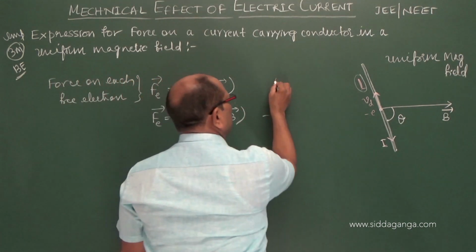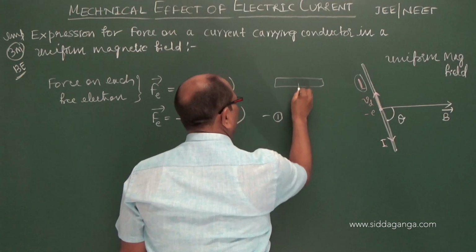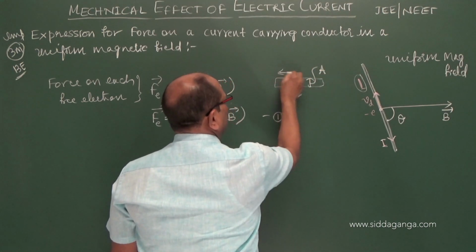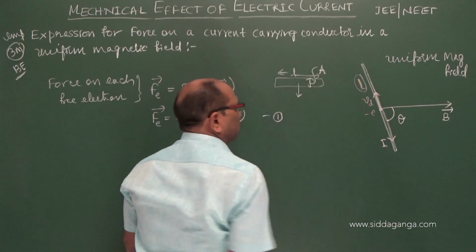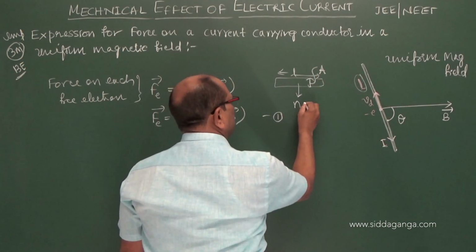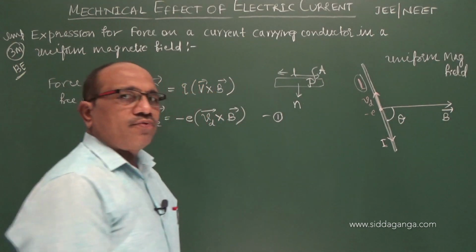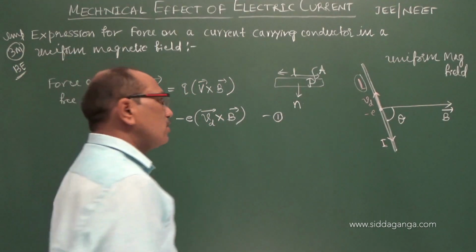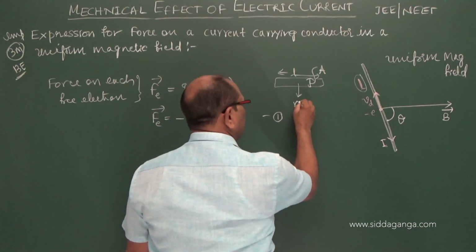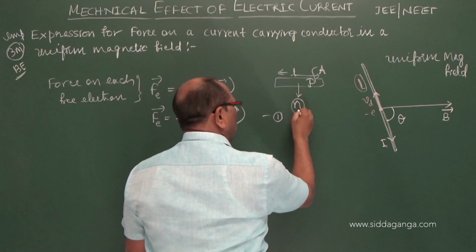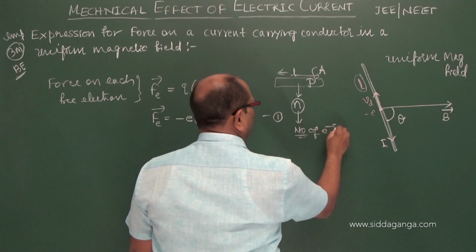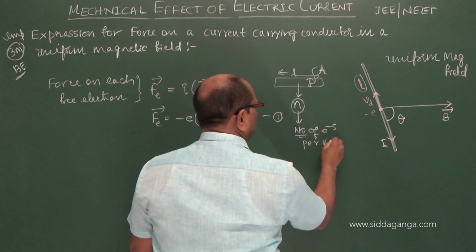Suppose A is the area of cross section and L is the length which you considered of this wire. The free electron density n is the number of electrons per unit volume of the conductor.